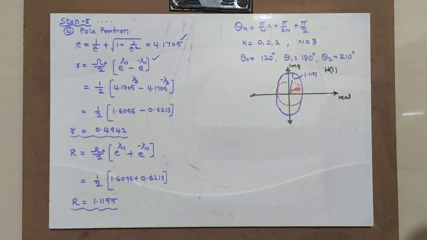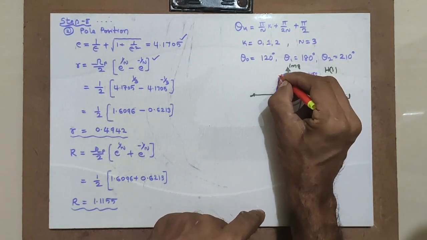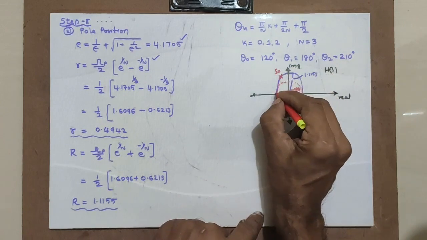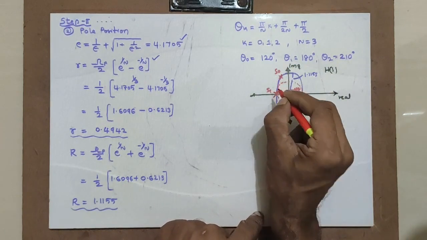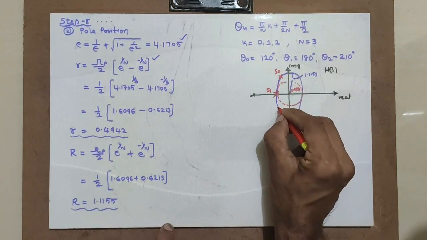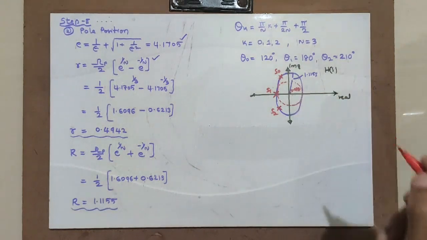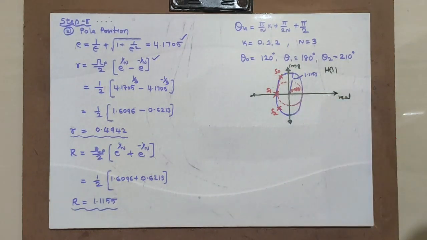Anyway, there will be three poles here. Three poles, you know that. One is at 120 degrees, this is 90 degrees, 30 degrees later. S0, S1 at 180 degrees, that is on the real axis, and S2, which is the complex conjugate of S0. We got this. Pole positions are there. Now what I shall do is follow a table here.